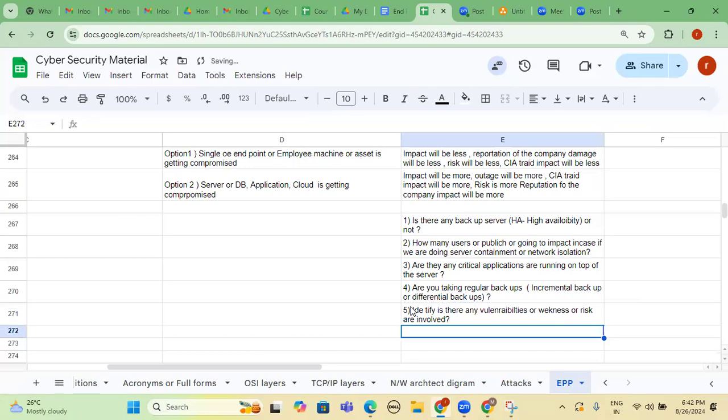So these are all practical, guys. Whenever you are going for any security incident vacancy, there is a compulsory question. What is the most critical incident investigation you have done? What is the most difficult incident investigation you have done? What is the most challenging incident investigation you have done?